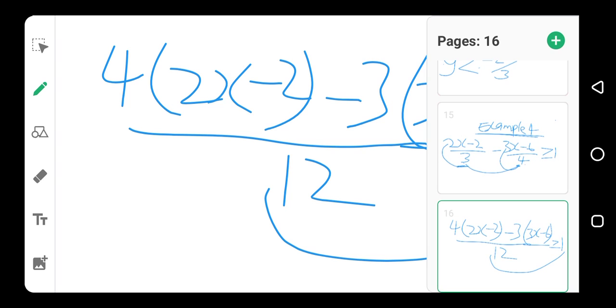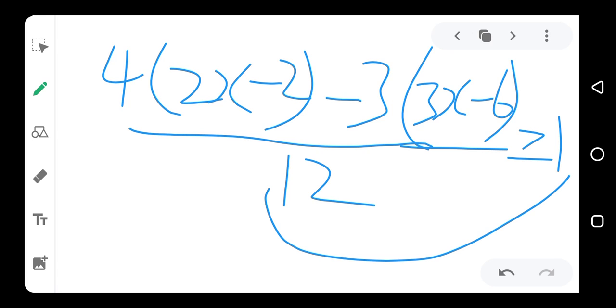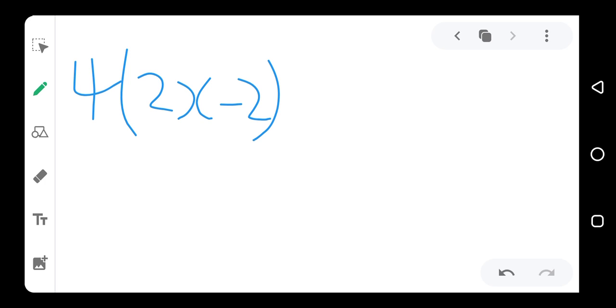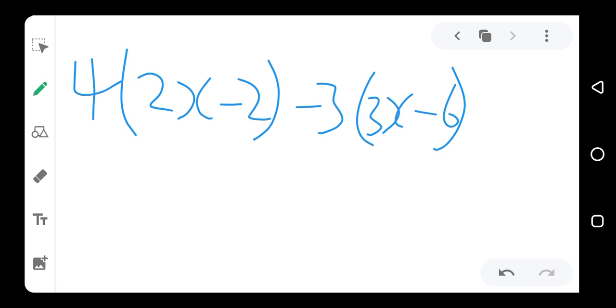Remember that this 12 is positive, it does not have a negative, so we are not changing the sign. 1 times 12 is equal to 12. It will give us 12.